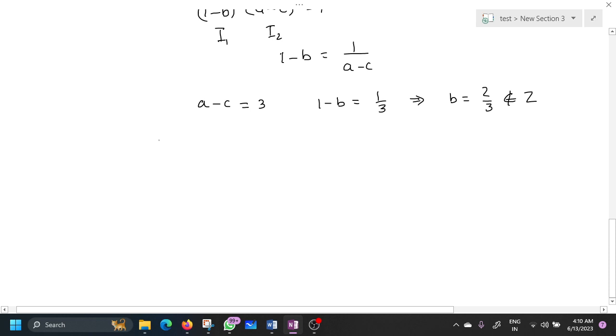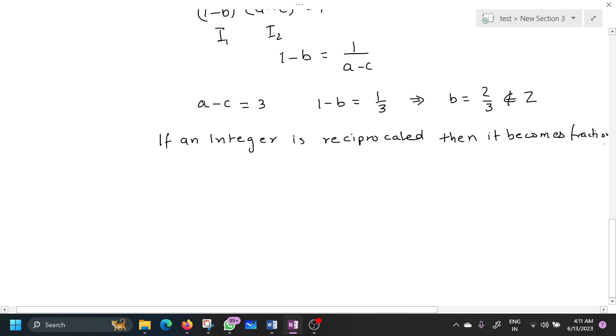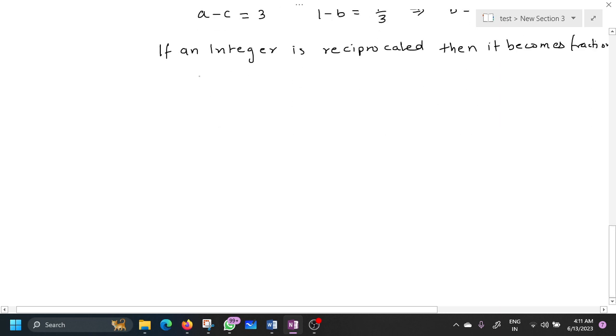The conjecture is, if an integer is reciprocated then it becomes a fraction, and you can say rational number also.